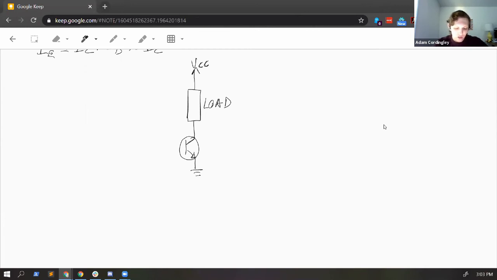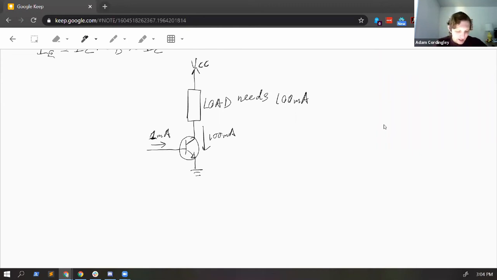So if you know what kind of current the load requires, let's say the load needs 100 milliamps. That's not unreasonable. But because I know beta is on the order of about 100, say, I know that I need at least 1 milliamp going into the base so that I can get 100 milliamps from collector to emitter.